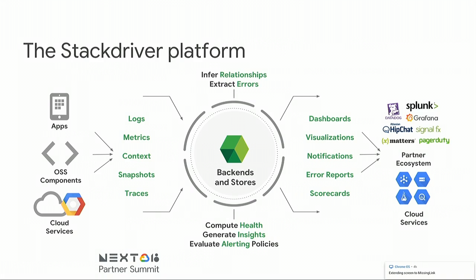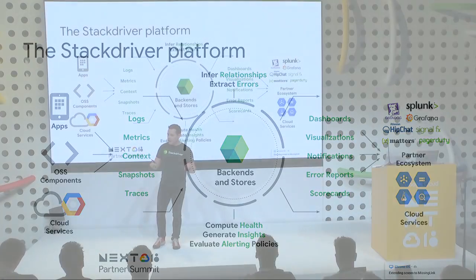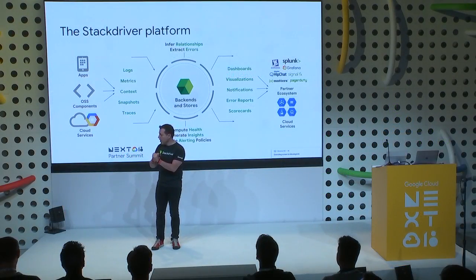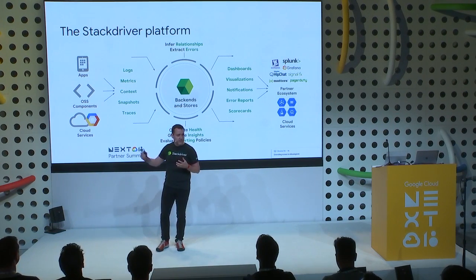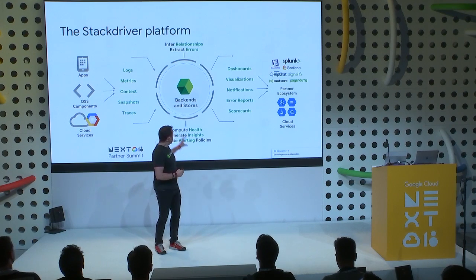Let's say in your app you're using Nginx, Redis, Kafka, anything that's out there as a third-party application component, all the way to your main application, what your business is meant to do. So all those signals, we get all of those together. It's not just about monitoring. It's not just about metrics. It's actually logs, metrics, events, snapshots from debugs, traces, and we get all those signals together into our backends.